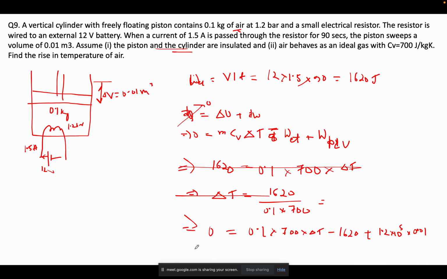Okay, so putting all this, you will get delta T is equal to 1620 minus 1.2 into 10 to the power 5 into 0.01. Okay, that is 420 divided by 700 into 0.1. So delta T is basically your 6 degree Celsius.